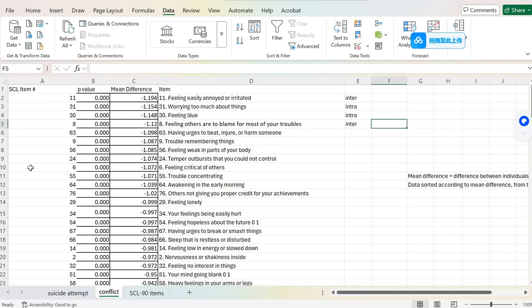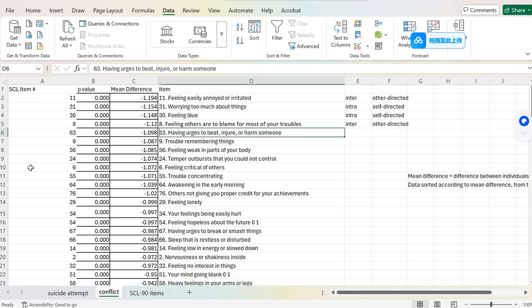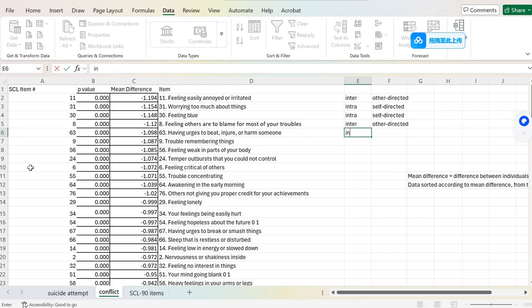Interpersonal means other-directed. Intrapersonal is self-directed. Distress, hostility, self-directed and other-directed. Having urge to beat, injure, or harm someone. That's interpersonal.